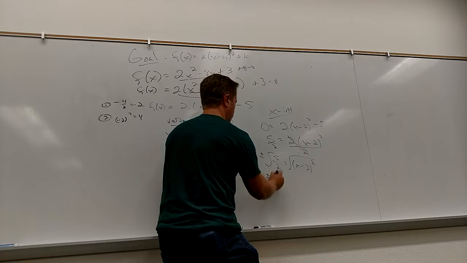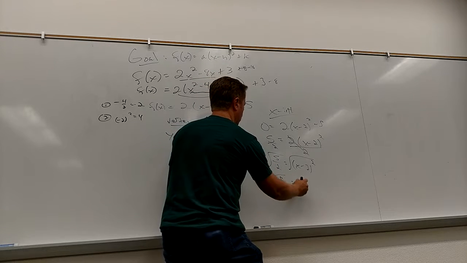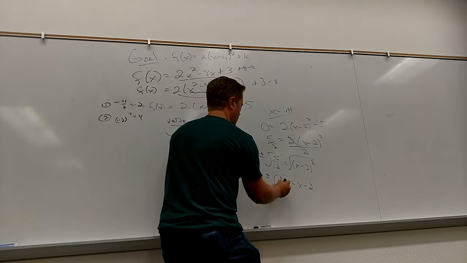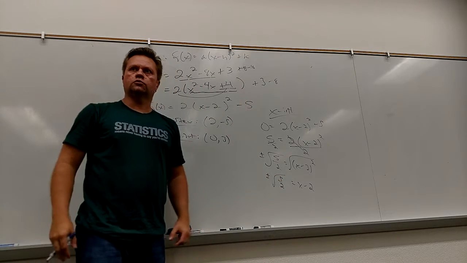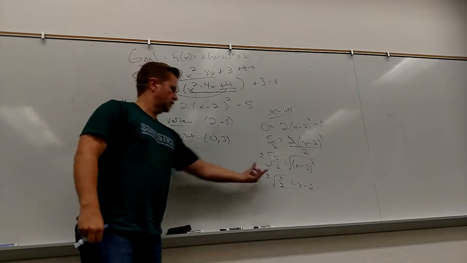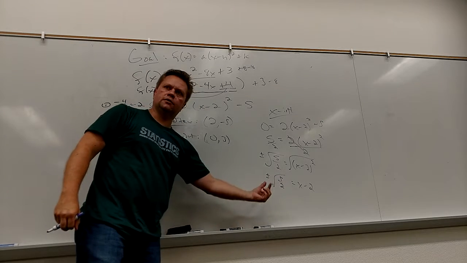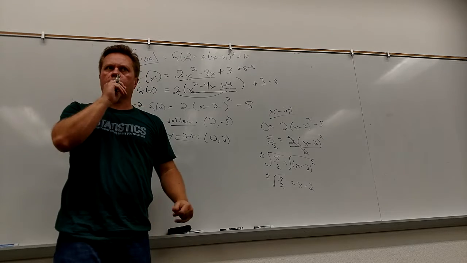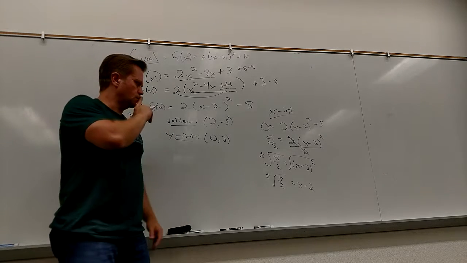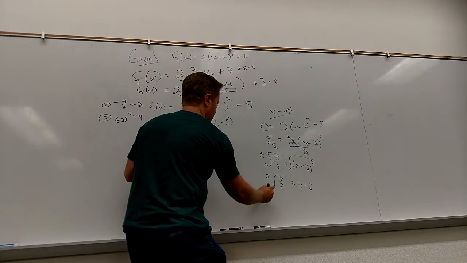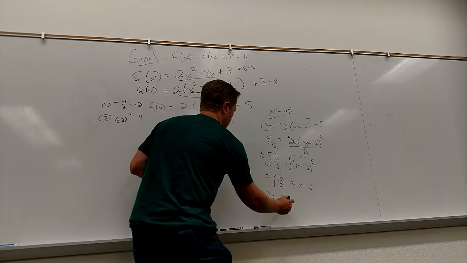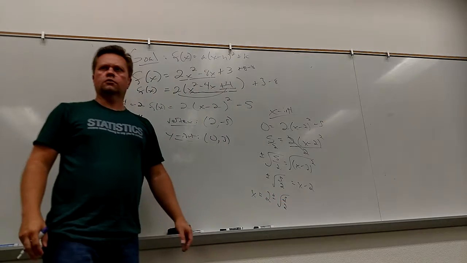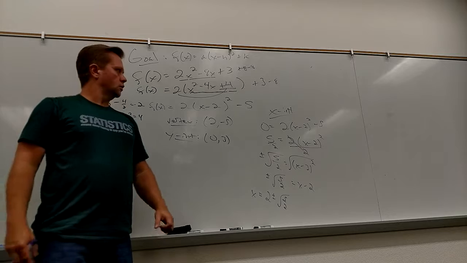So you get plus or minus square root of 5 halves equals x minus 2. And then I add 2. So 2 is just 2. This is the stuff that was divided by 2. The 2 didn't care about it because it was inside the square. It wasn't being affected. So x equals 2 plus or minus root of 5 halves. Cool. Okay.